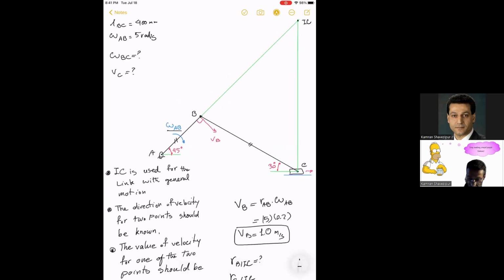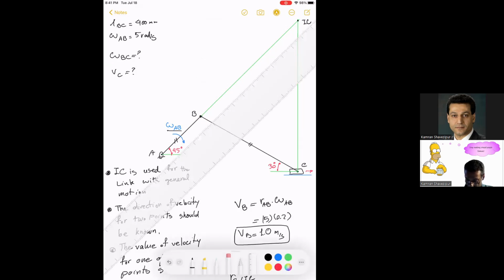Many of you assume that either this is 90 degree, which is not, or it is 60 degree, which is also not the case. Let me show you how you can find that angle. And let me remove this stuff here. Now, to find that angle, there are different ways to do it.